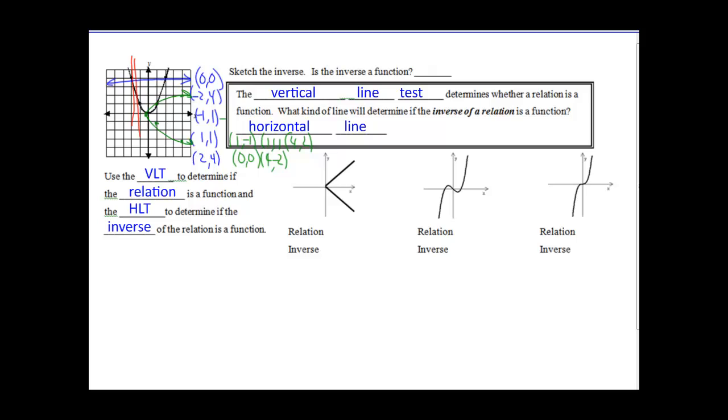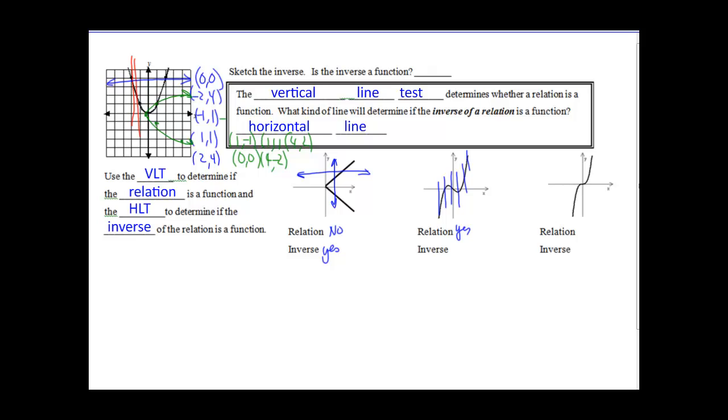If we draw a vertical line test, it goes through it twice, so the answer is no. The relation is not a function. If we do a horizontal line test, you will say yes. So the inverse will be a function, not the original relation. For the second, the relation, we can draw multiple vertical lines, so yes.